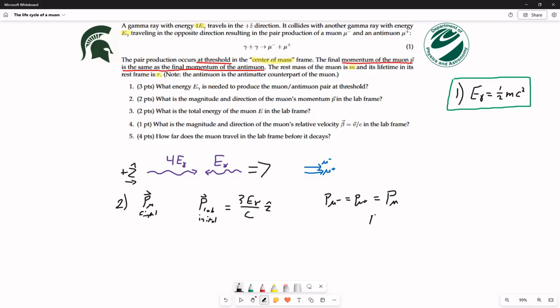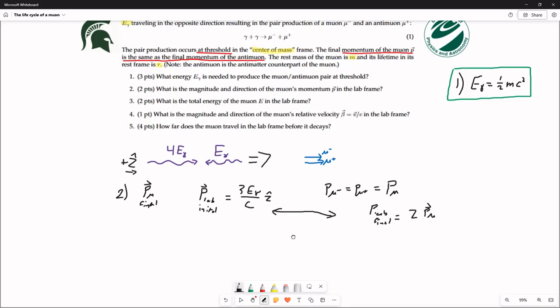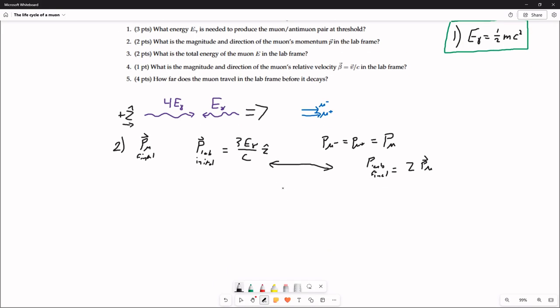But this means that our p lab final is 2 p sub mu. So we can then relate these two, because we have the initial and final, and we have conservation of momentum.